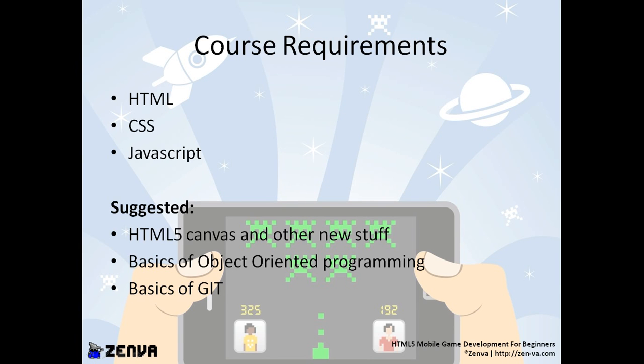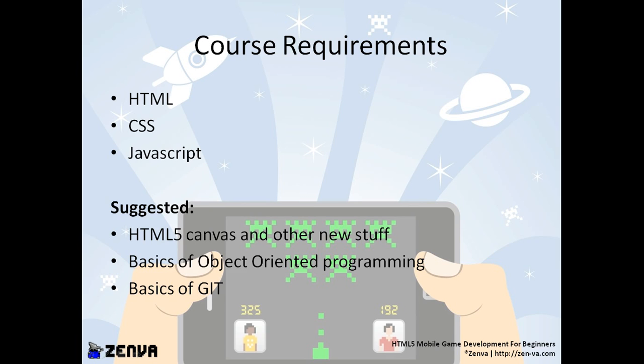Well, what's required for this course? We are assuming here that you have basic knowledge of at least HTML, CSS, and JavaScript. Now, why is that? Because we're building in HTML5, which is basically all those technologies, especially an intensive use of JavaScript.